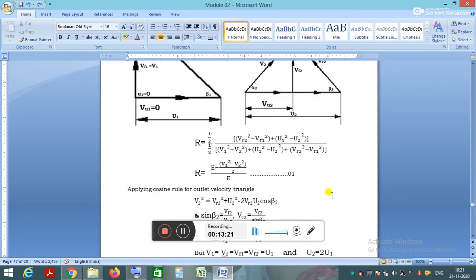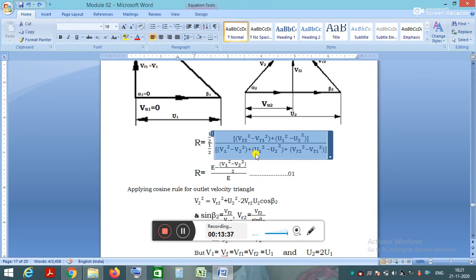Next, the degree of reaction. We know that the degree of reaction is defined as the static head to the total head. The denominator also gives the energy transfer in a general turbo machine.